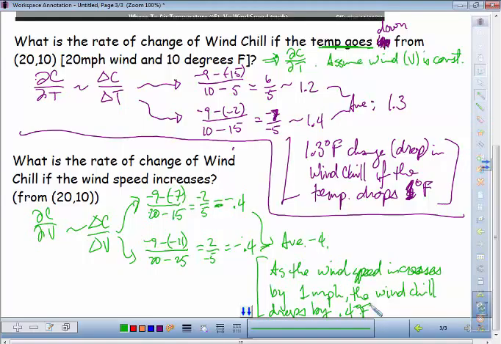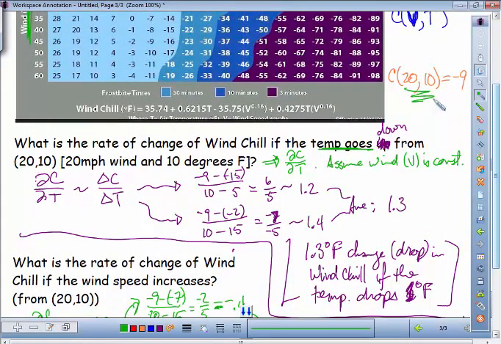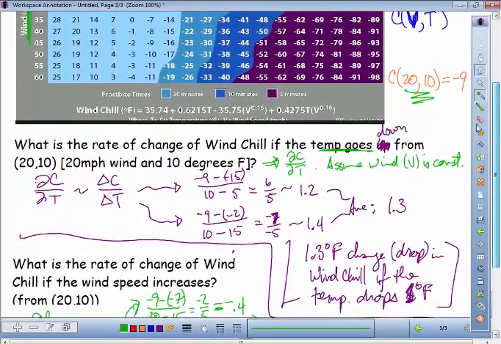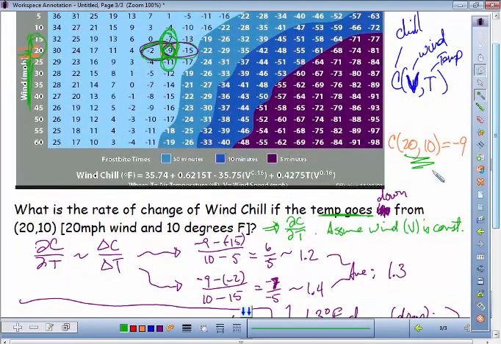So it's based on the table. You find your place in the table because these types of problems will always give you a starting point. So currently at 20, 10, speed is 20 miles per hour, temperature is 10 degrees. Your wind chill is -9 degrees Fahrenheit.